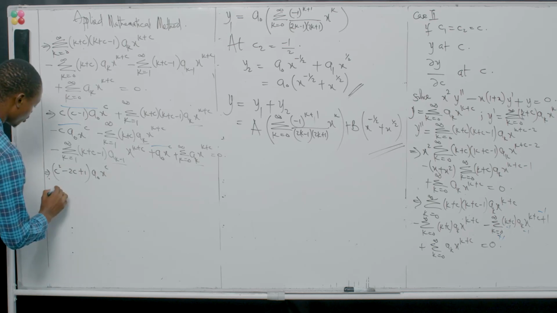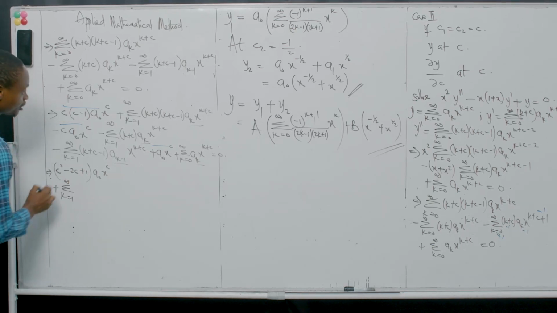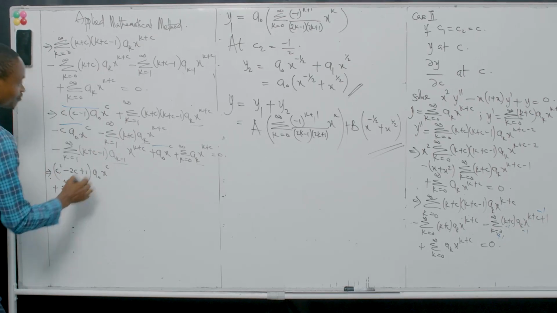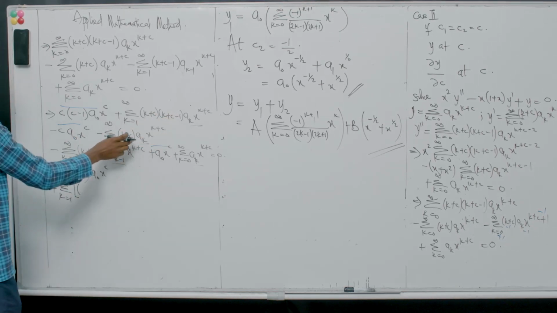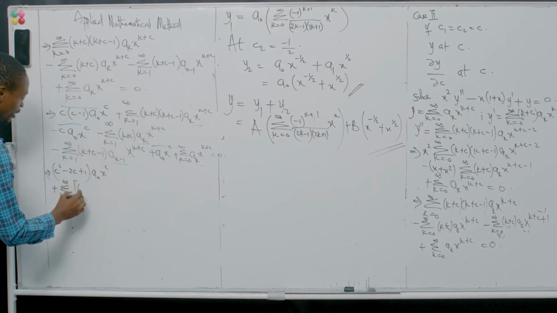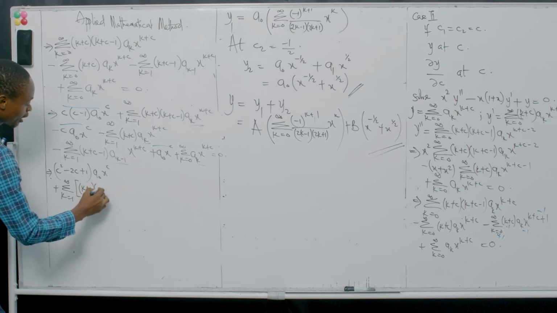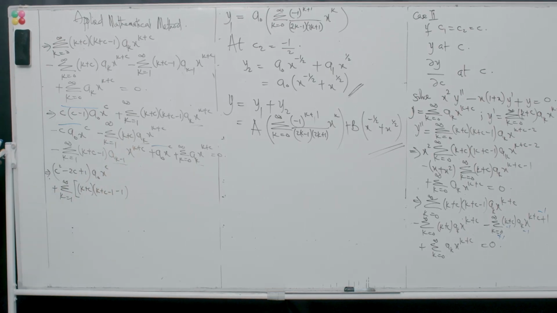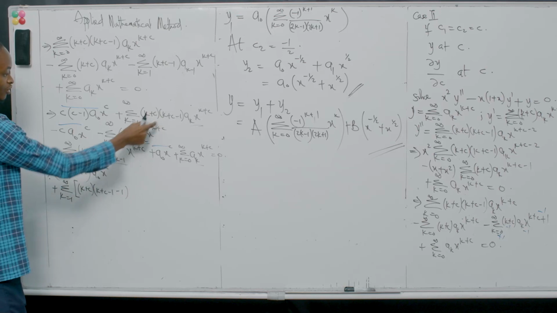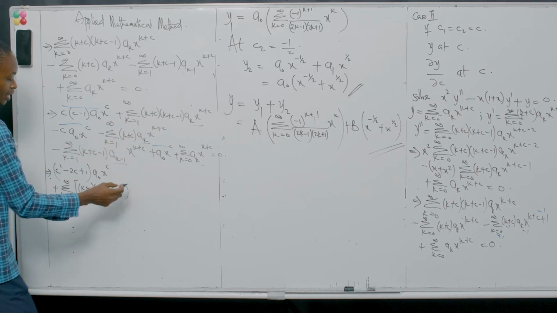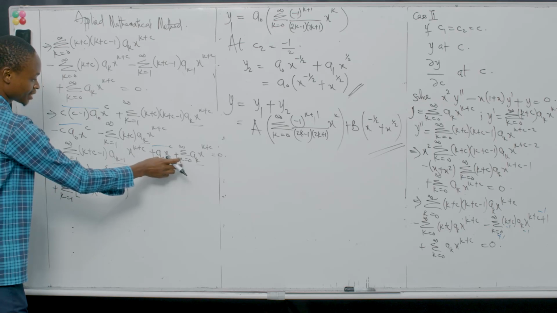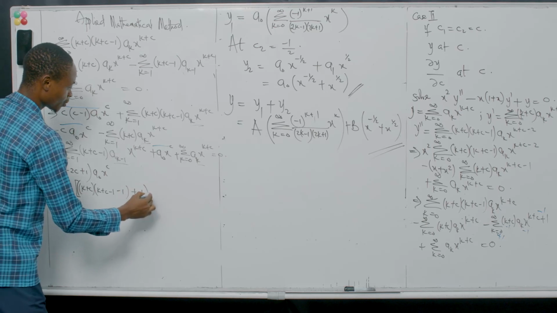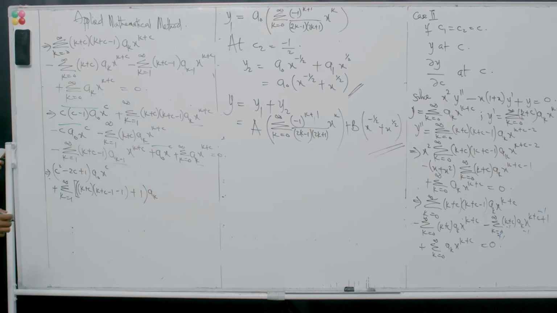So I have plus summation k starting from 1 to infinity. I bring all the ak's together first, so I have this one and this one. k plus c is common here, so I factorize k plus c out. Then I have (k plus c minus 1), and then here you'd have plus 1, and all of this will multiply ak.